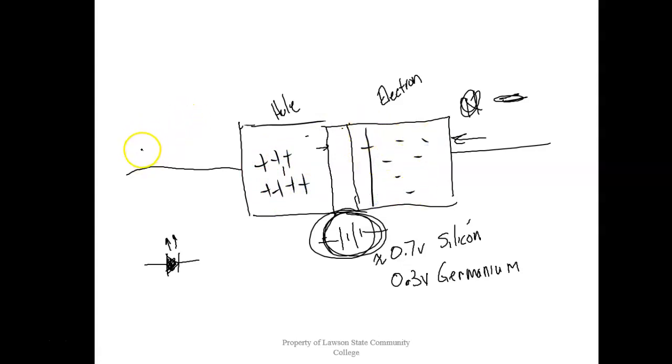What happens when I put a negative right there and a positive right there? This is going to attract holes out of here, and this is going to attract electrons over there, which makes the depletion region get bigger. So when we reverse the polarity, this guy becomes basically an open, because the depletion region grows.